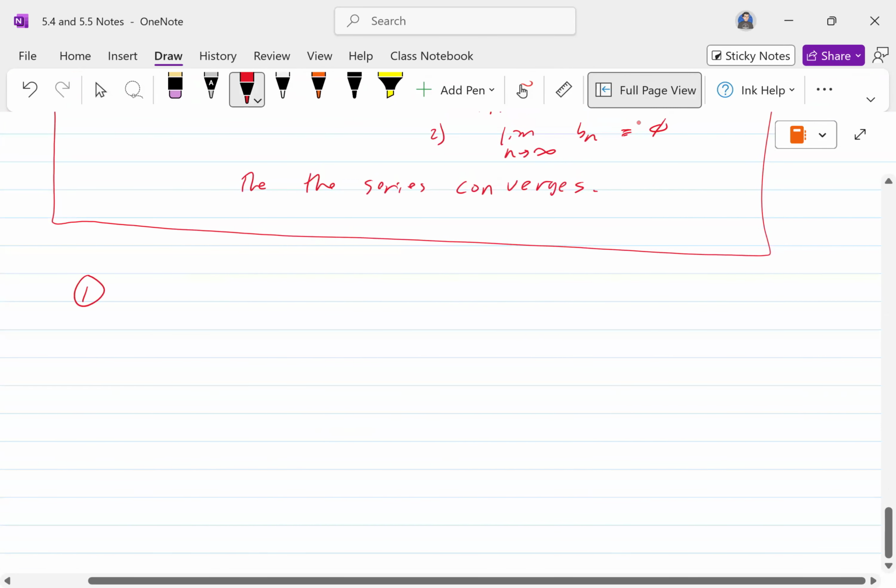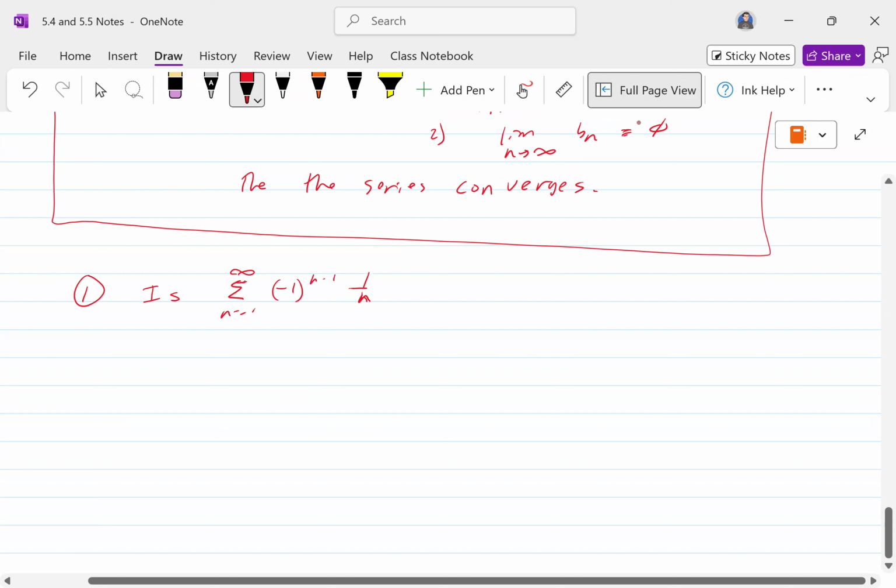So let's look at an alternating series. I want to know, is the following series convergent? The sum of negative 1 to the n minus 1 of 1 over n.